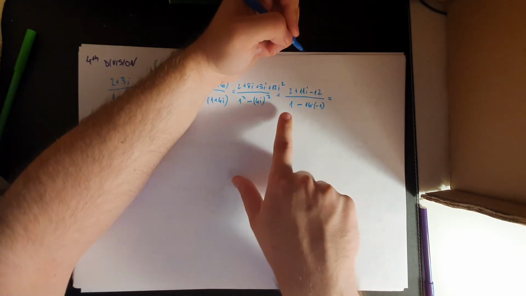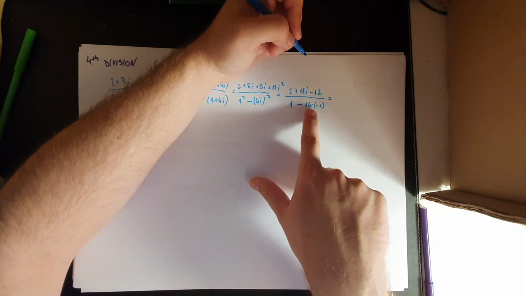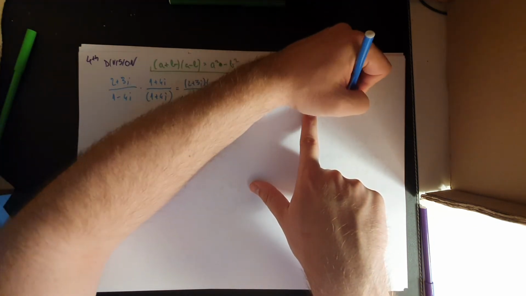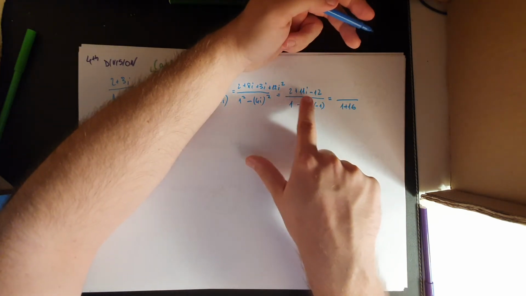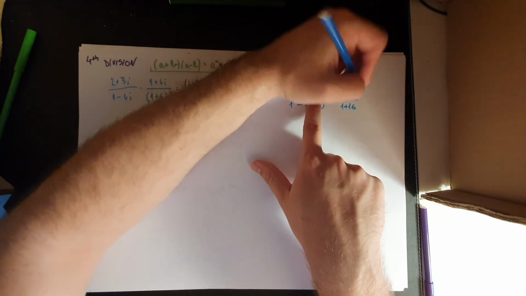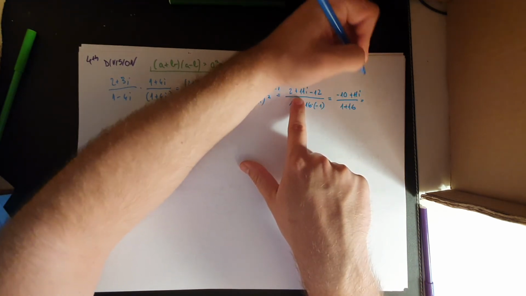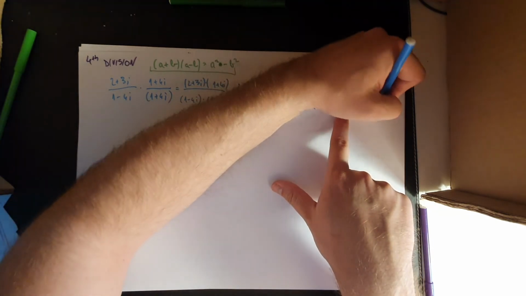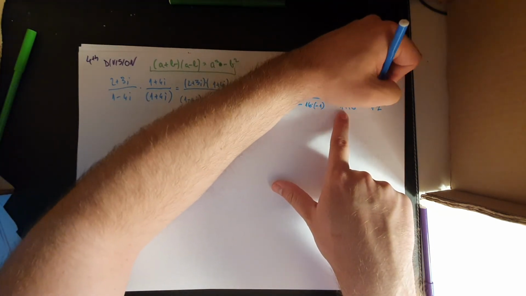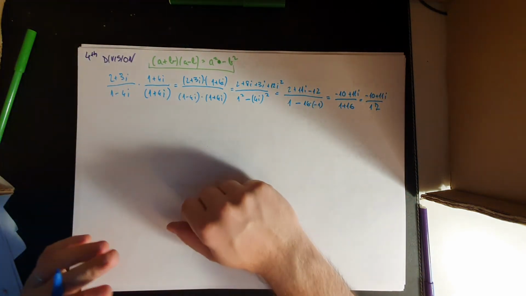Let's continue. 1 times minus 16 is going to be 1 plus 16, which I'm going to write down. In the meantime, 2 minus 12 is going to be minus 10 plus 11i. And the last step is to add 16 and 1, so it's 17. And up top we have minus 10 plus 11i. And now we are done.